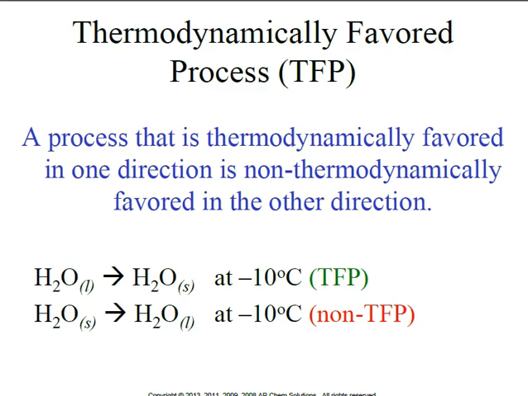You'll notice as we go through these examples that temperature plays a key role, because a process that is not thermodynamically favored at one temperature may be favorable at another. For example, water changing from solid to liquid is not favorable at negative 10, but it would be favorable at positive 10. So we'll keep temperature in mind as we look at these examples.